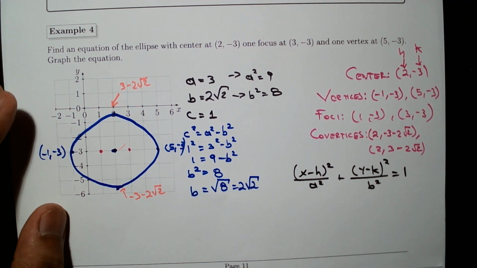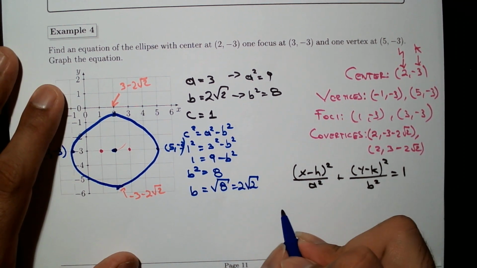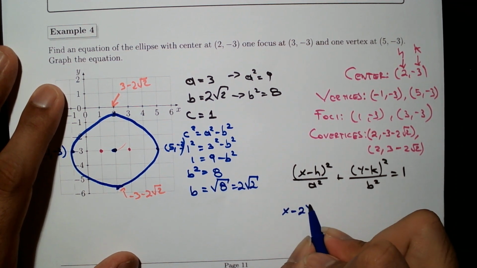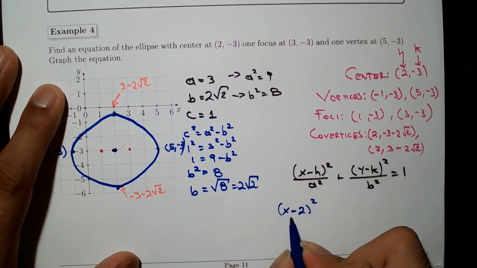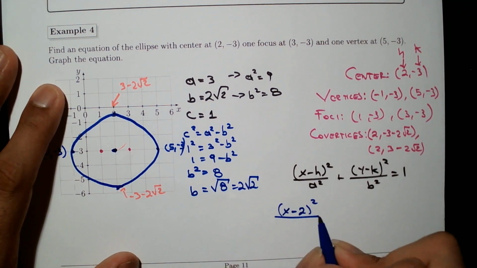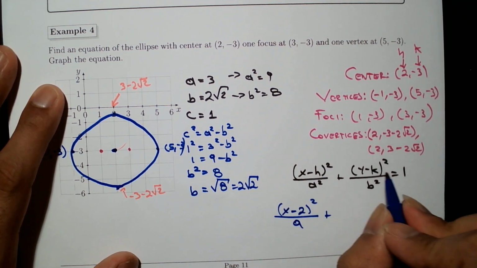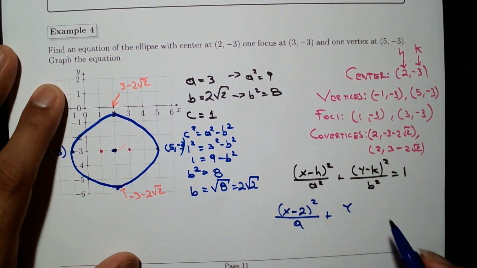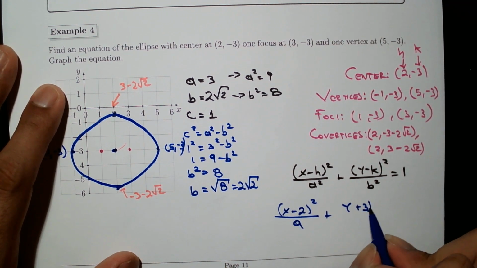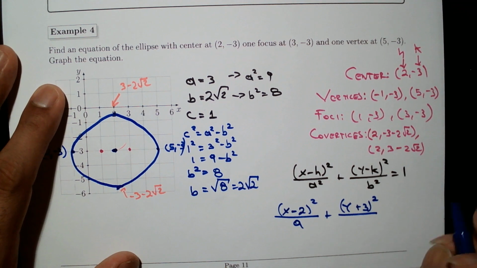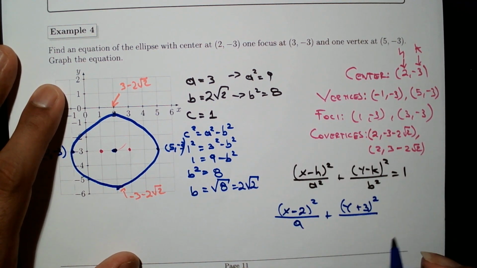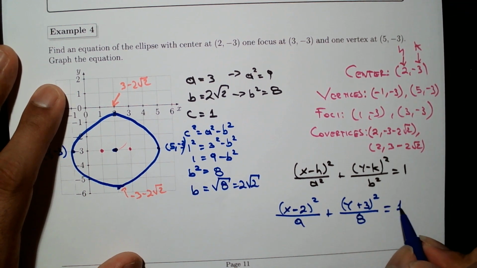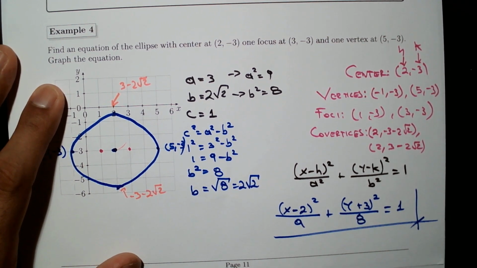So we are going to have x minus 2 squared over a squared, which is 9, plus y minus negative 3, that's going to be y plus 3, squared over 8. And that equals to 1. All right.